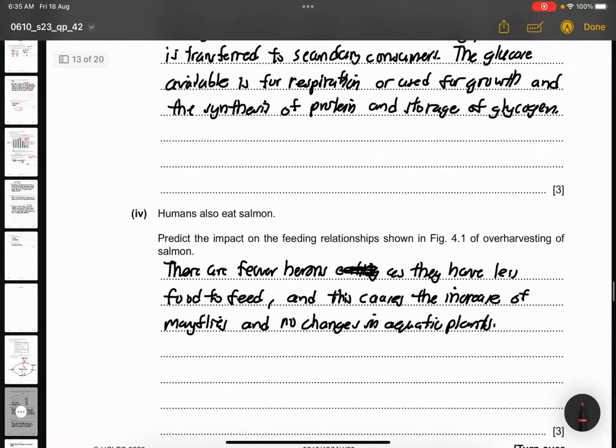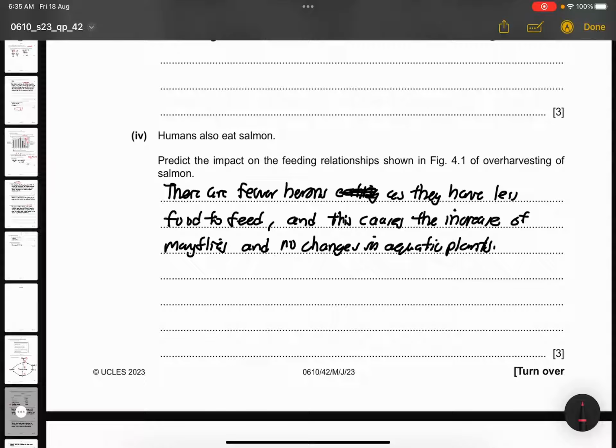Okay, so how I write my answer is that there are fewer herons as they have less food to feed on, and this causes the increase of mayflies but no change in the aquatic plants. Basically, how many aquatic plants there are still remains the same, it doesn't change at all.